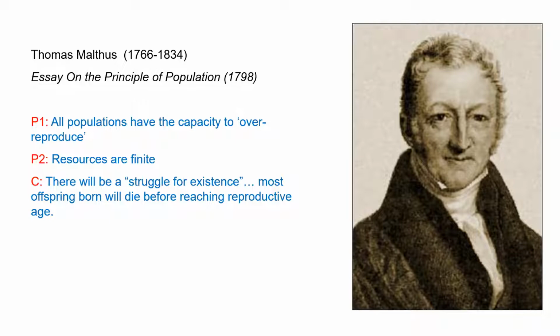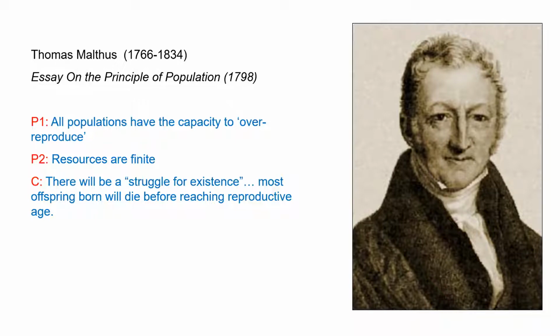Have the capacity to produce more offspring than will replace them in the population when they die. So if you produce more than 2 offspring, you're contributing to a net increase in the population even after you leave. All populations have the capacity to over-reproduce, but resources are finite.